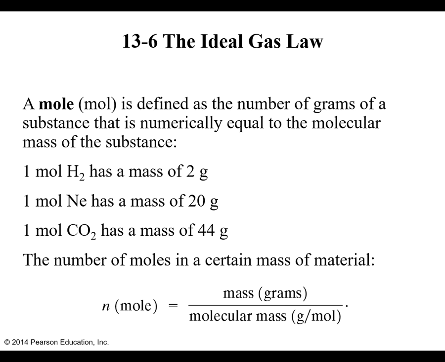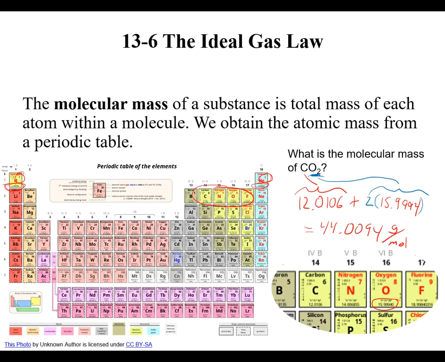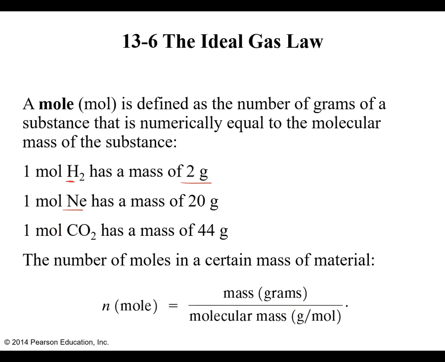So hydrogen gas is H2, therefore 1 mole of hydrogen gas is equal to 2 grams. Neon has an atomic mass of 20, so 20 grams of neon would be 1 mole of neon. And just like we calculated, 1 mole of carbon dioxide has a mass of 44 grams.